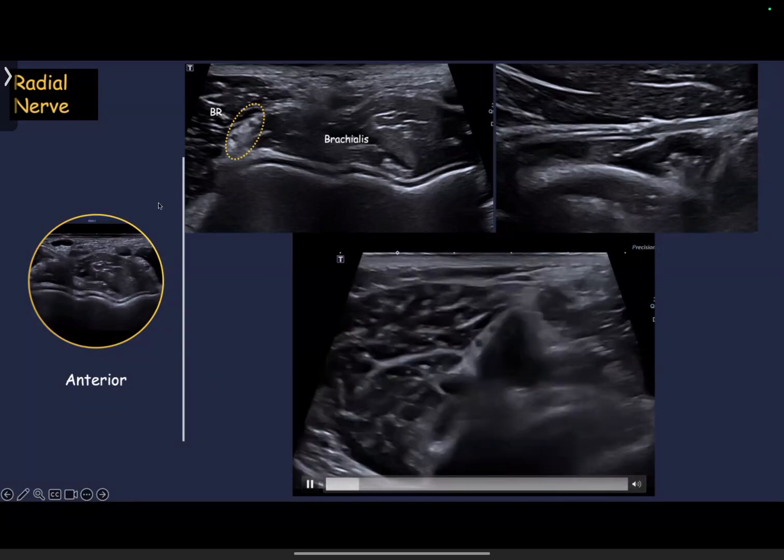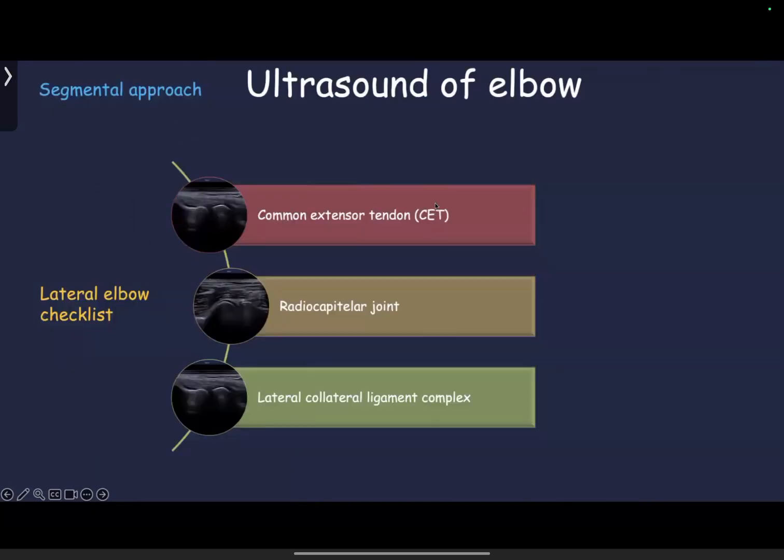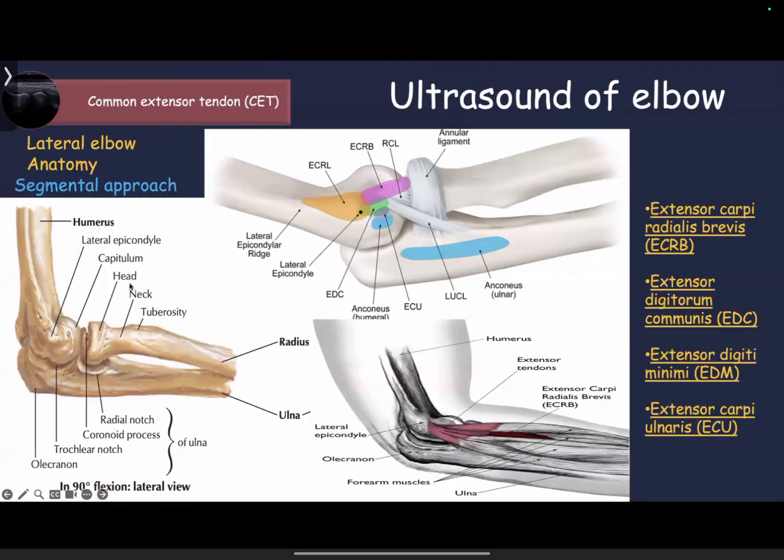Okay. So far we have learned the anterior elbow. Then what is the checklist for the lateral elbow? We have the common extensor tendon, the radiocapitellar joint, and the lateral collateral ligament complex. If we look at the lateral elbow anatomy, we have the lateral epicondyle, and four important tendons attach to it.